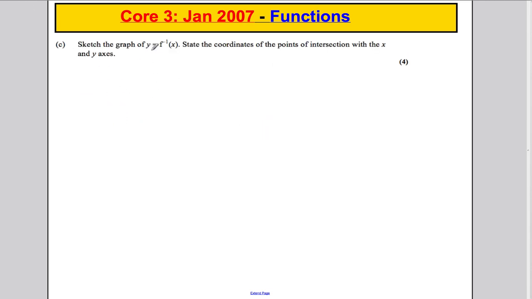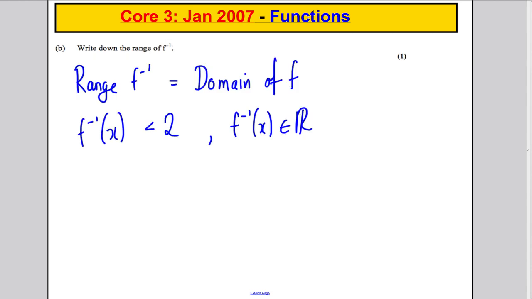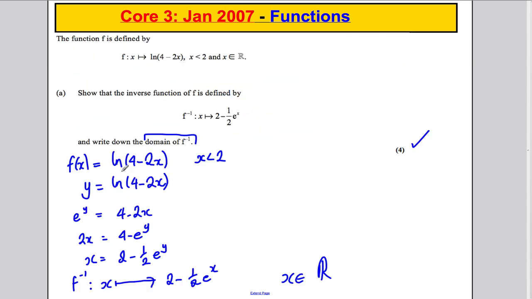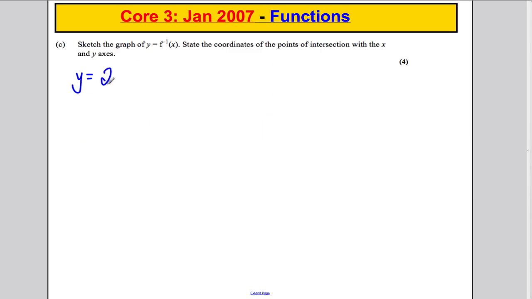Part C, sketch the graph y is f to the minus 1 of x, state the values of its coordinates. So y in this case is going to be equal to 2 subtract a half e to the x.